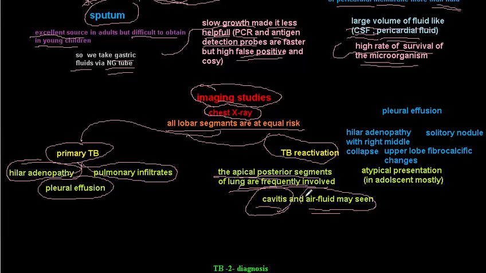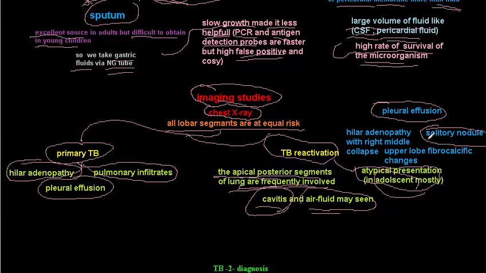The apical posterior segments. Okay, atypical presentation of X-ray in TB happens mostly in adolescents. You may see a pleural effusion, solitary nodule. This is an atypical presentation, mostly in adolescents.